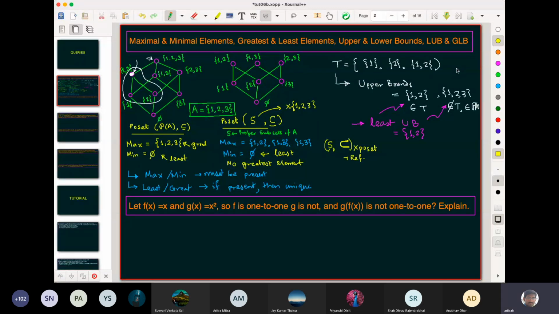Any questions in this part? Sir, if least upper bound does not exist, can we say that no upper bound exists?